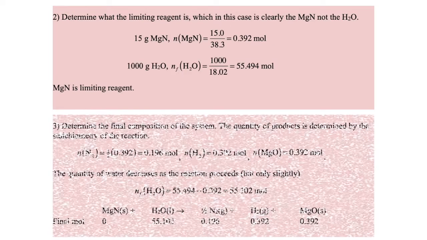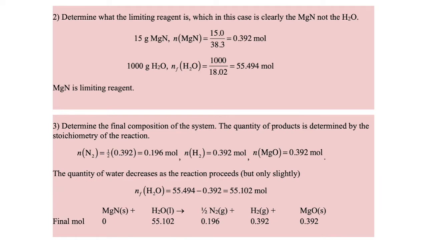This allows us then to determine the final composition of the system. All the magnesium nitride reacts and is converted quantitatively to hydrogen and magnesium oxide and half as many moles of N2. The number of moles of water also decreases, but again we have a large excess of water in the final composition of the system.